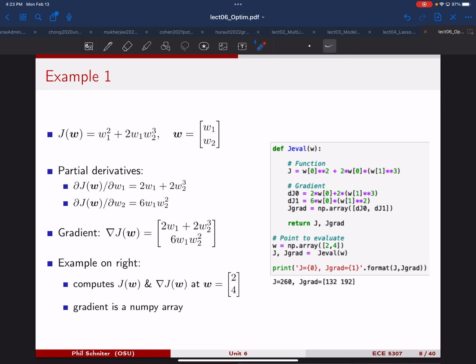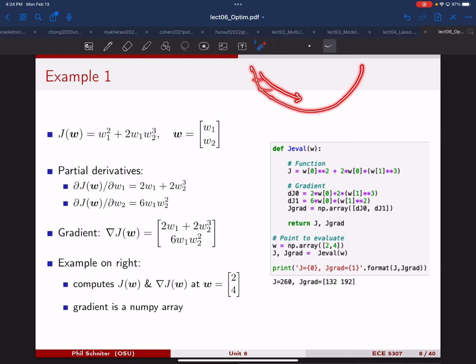So here's a little piece of code that does this, and you can see it's going to return 2 different things. It's going to return not only the gradient vector, but also the value of the cost, J itself. And that's because almost always in machine learning, whenever you're computing the gradient, it's also useful to compute the value of the cost as well, because let's say you're descending the cost by taking gradient steps.